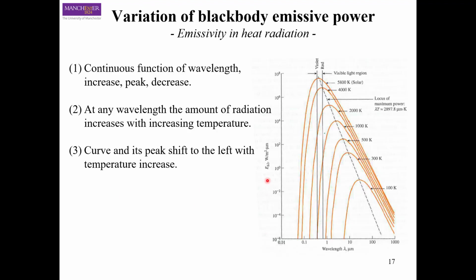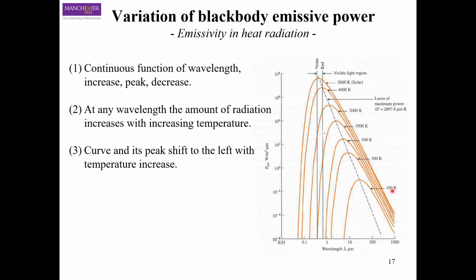Now if we look at the variation of emissive power for a black body in terms of wavelength and as a function of temperature, we have Eb, the emissive power from a black body, and lambda, the wavelength of that wave. If we plot that as a function of temperature, we get this kind of graph shape.